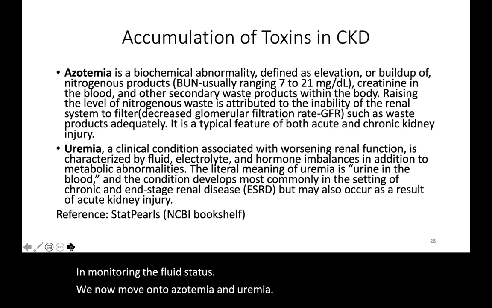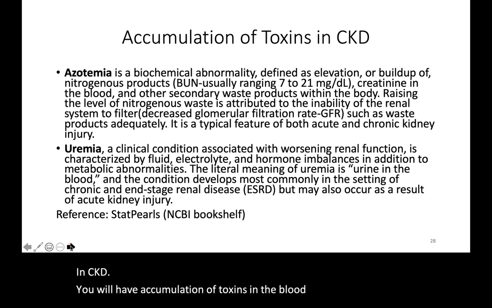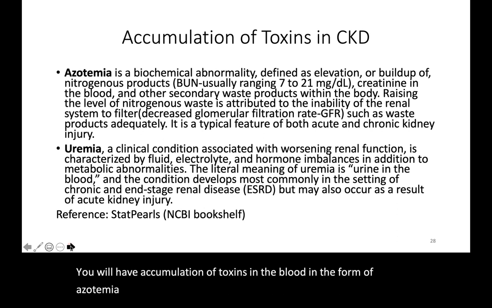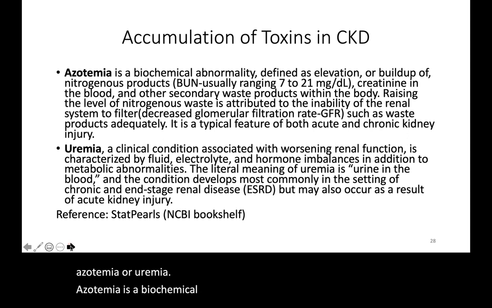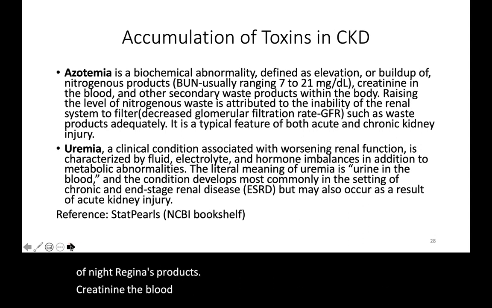We now move on to azotemia and uremia. In CKD, you will have accumulation of toxins in the blood in the form of azotemia or uremia. Azotemia is a biochemical abnormality defined as elevation or buildup of nitrogenous products, creatinine in the blood, and other secondary waste products within the body.